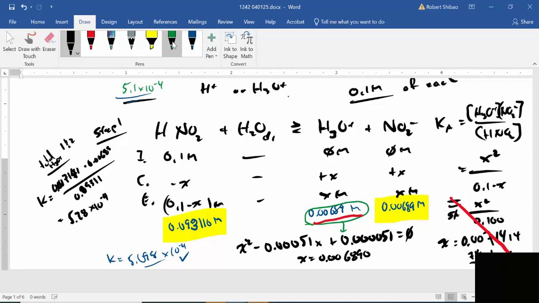Now, the K value is supposed to be 5.1 times 10 to the minus 4. So this is the K value that was given. Is that acceptable? It comes out to 5.3 versus 5.1. Is that okay, or was that a significant change? Remember, it was 5.1, but we perturbed it. So the equilibrium was perturbed.